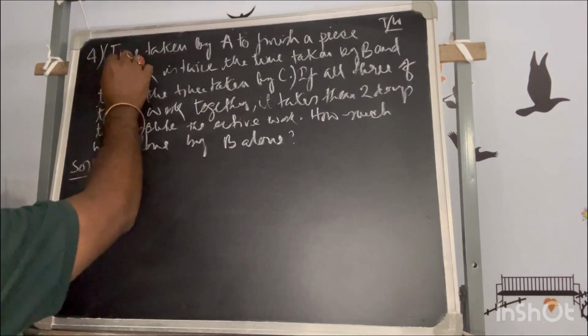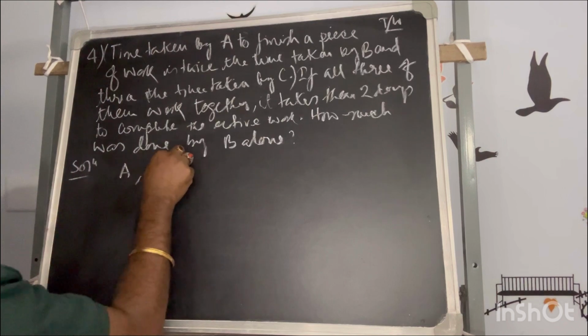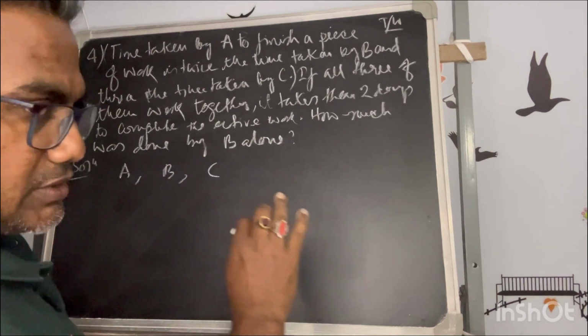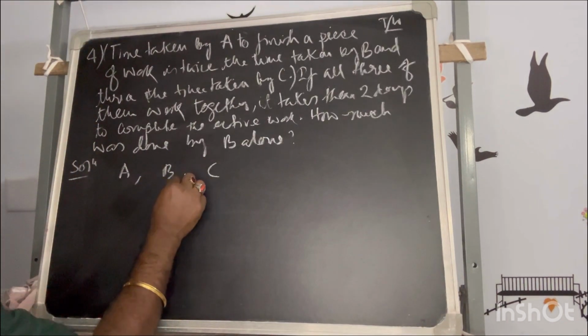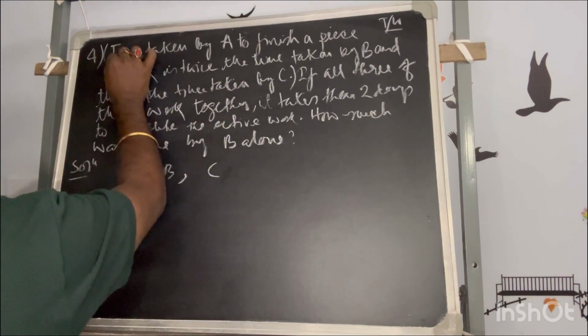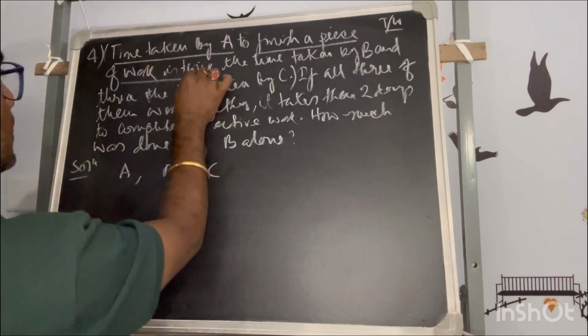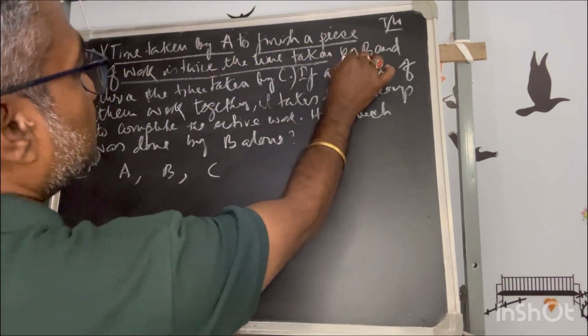So what is that? The time taken by A. Let's say time taken by A is A, B is B, and C is C. This is straightforward, there is no ambiguity. Now, according to the statement, the time taken by A to finish a piece of work is twice the time taken by B.